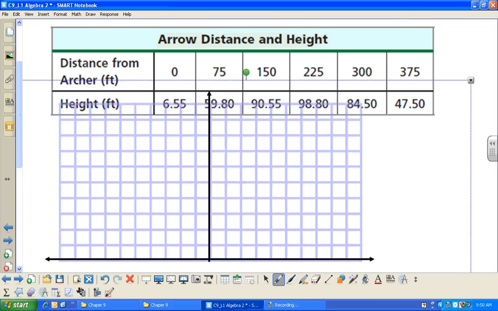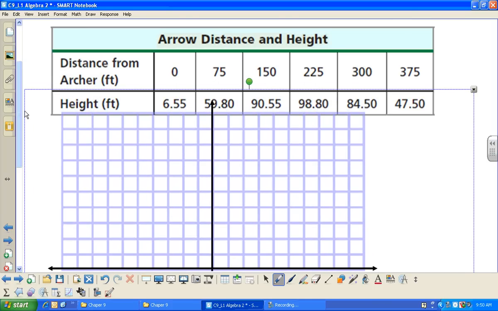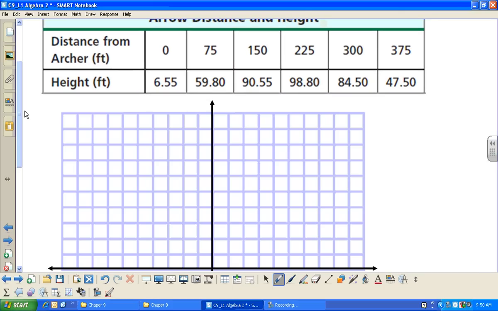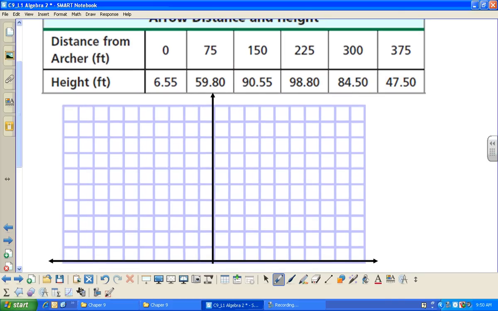So using this graph, my x is my distance from the archer. And my y is going to be my height.